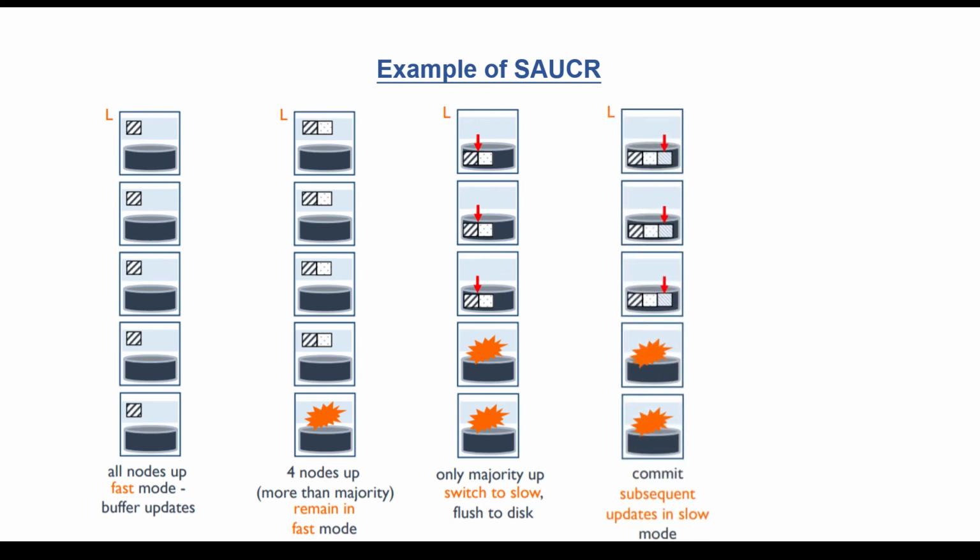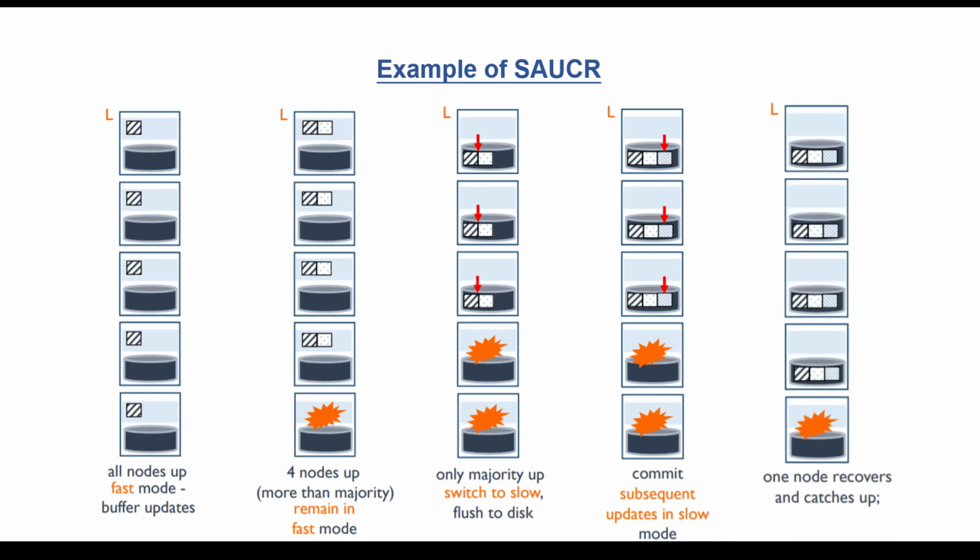Everyone has a backup, and when the two nodes recover, they can directly get a backup from other nodes. And when any node has crashed in slow mode, it can directly recover because it has a backup on disk.